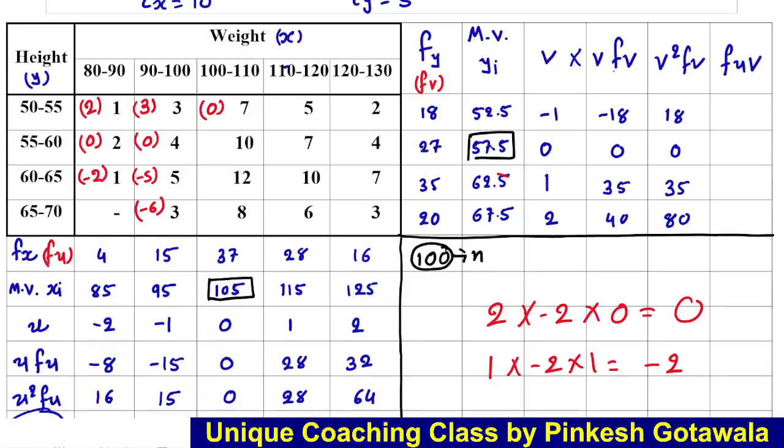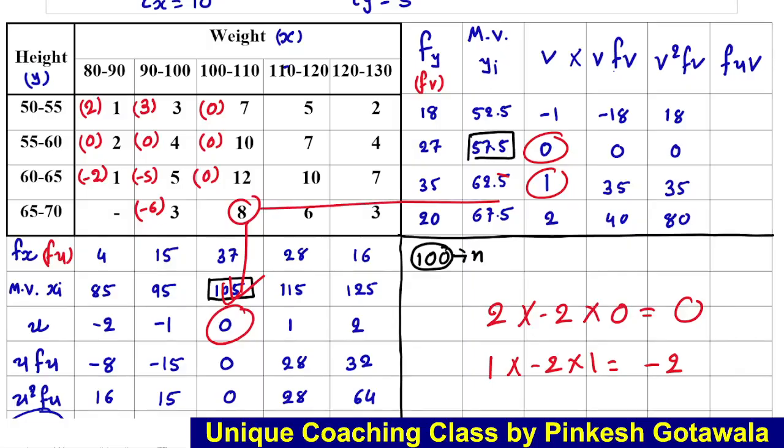Same here 10. Here 0, here also 0. Everything multiplied with 0 is 0. Next 12. This side 0, this side 1. So it would be 0. Then 8. Here 0 and here 2. Since there is 0 on one side, in the multiplication it becomes 0.